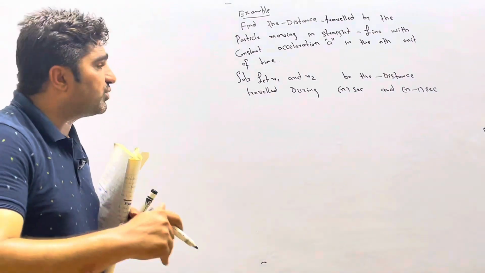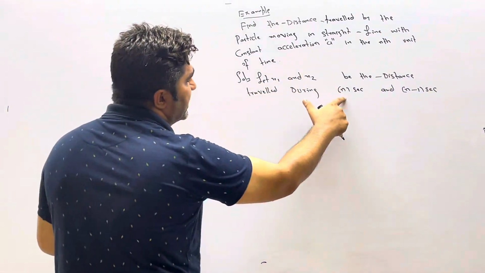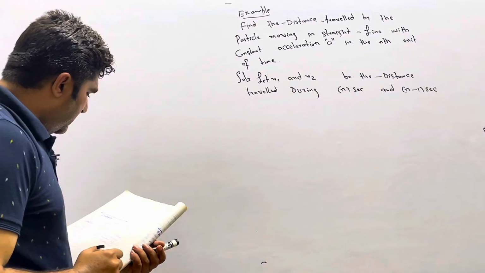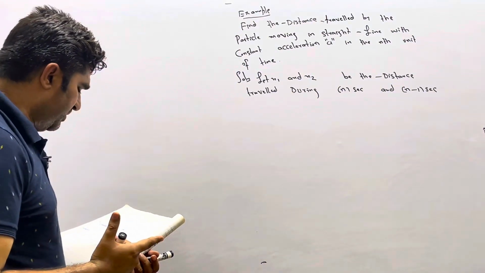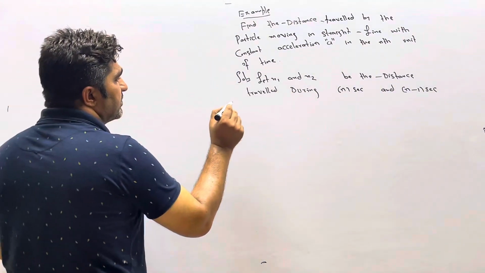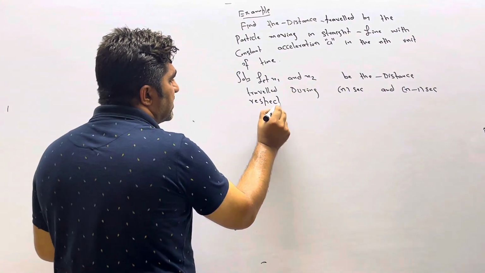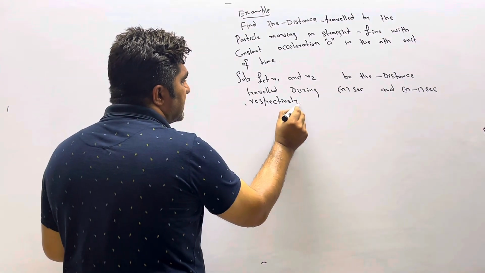As earlier, I gave you the example that x1 will be the distance during n seconds, x2 will be the distance during n minus 1 seconds.